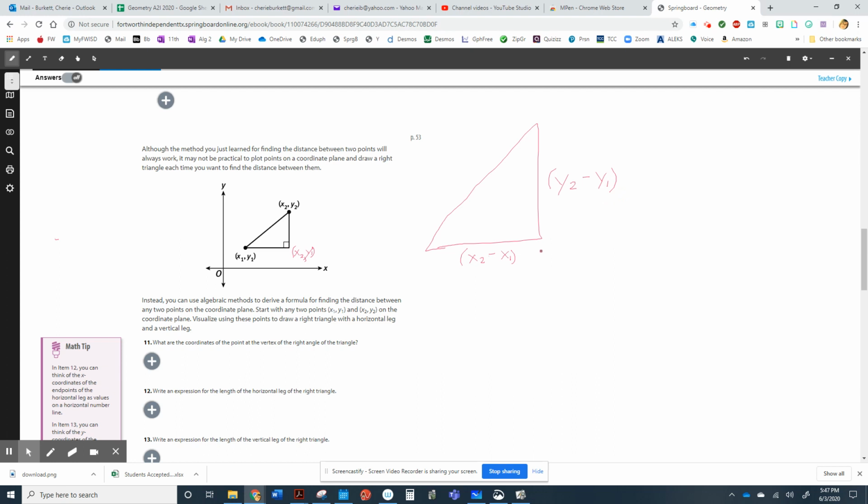Okay, so we've just found the lengths of the legs of the right triangle. Now, the Pythagorean theorem says that if we want to find this, we take the length of the leg and square it, and then add that to the length of the other leg squared.